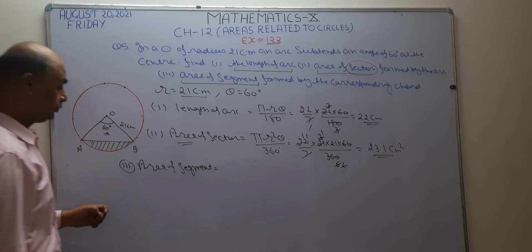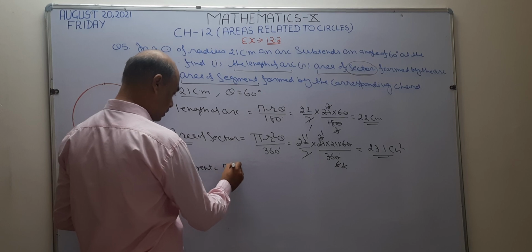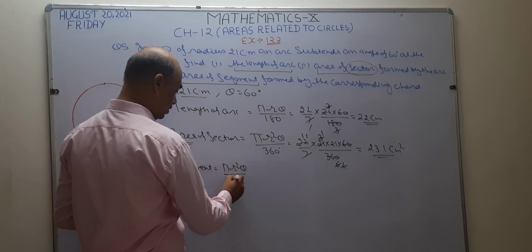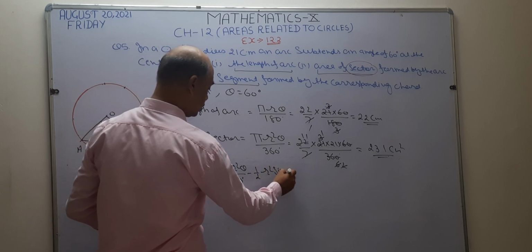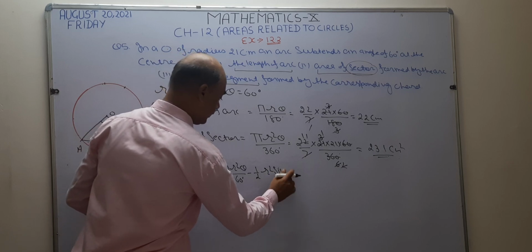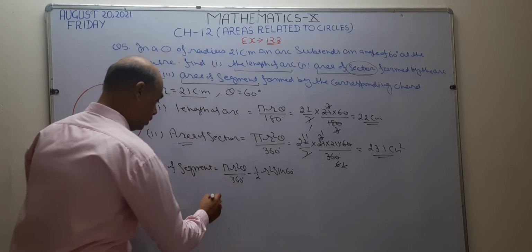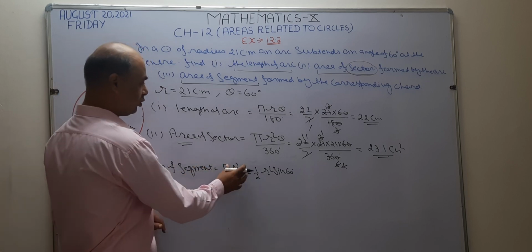Simple formula is right here, area of sector. Area of sector is pi r square theta upon 360 degree minus 1/2 r square into sin theta. Theta is given 60 degree, so right here 60 degree. Now value of pi is going to remain the same, and you know this calculation you have done.